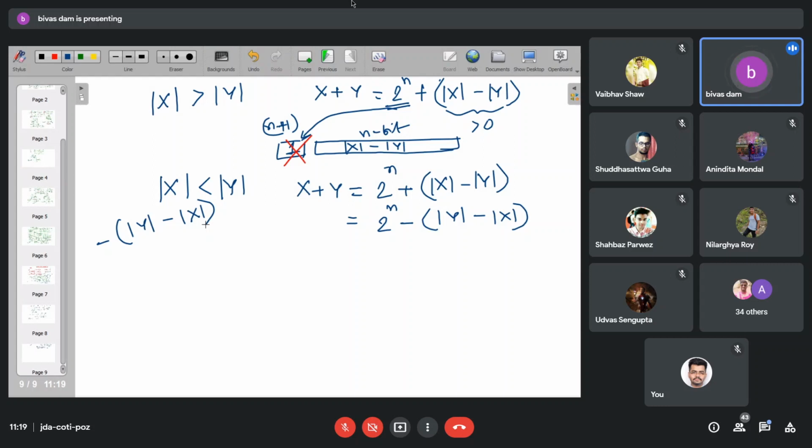Remember, you are going for x plus y operation, where x is positive and y is negative. Say, for example, x is plus 5, y is minus 12.